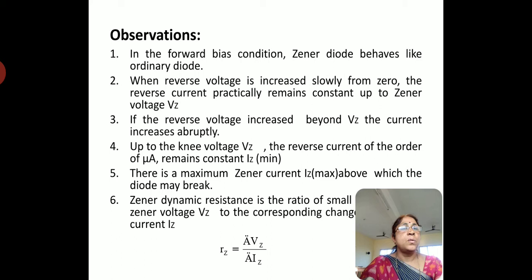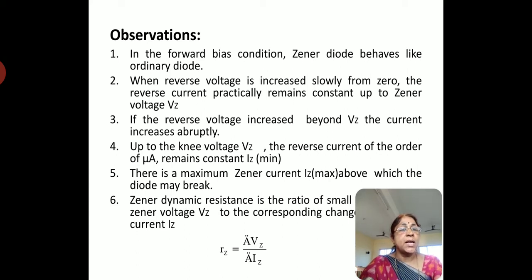When a reverse voltage is increased slowly from zero, the reverse current practically remains constant up to the Zener voltage Vz. If the reverse voltage is increased beyond Vz, the current increases abruptly. So here we are going to take the current Iz minimum and Iz maximum.